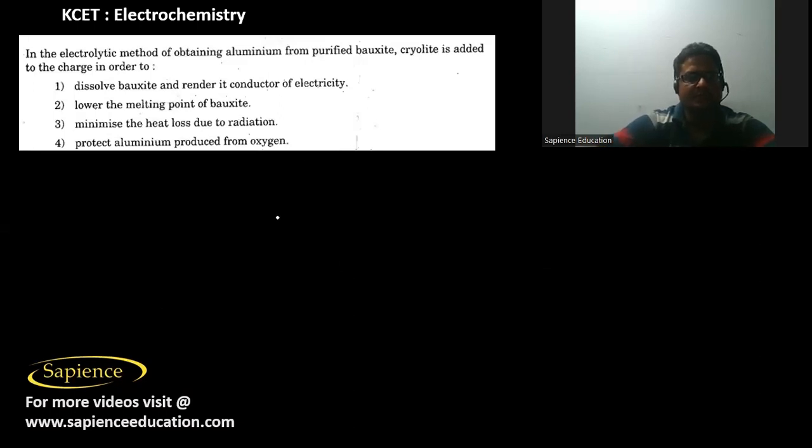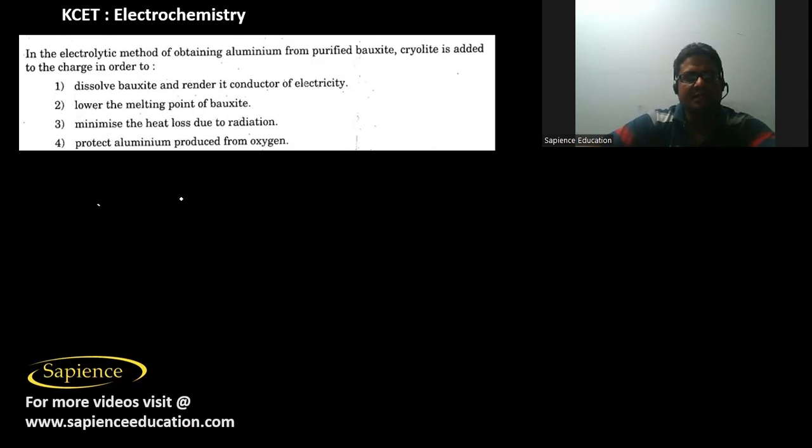Then here it is told that in the electrolytic method of obtaining aluminum from purified bauxite, cryolite is added to the charge. The reason is to dissolve bauxite and to render it conductor of electricity.